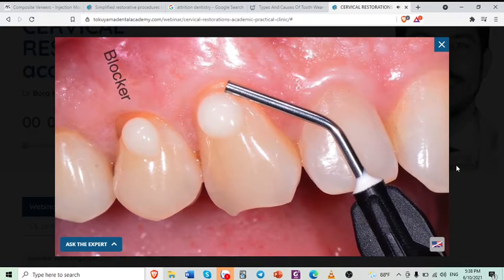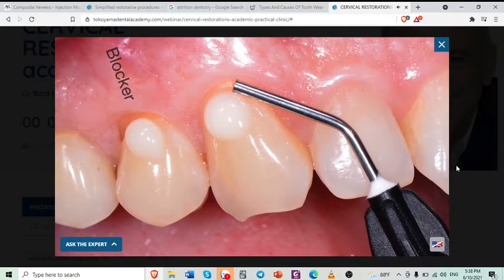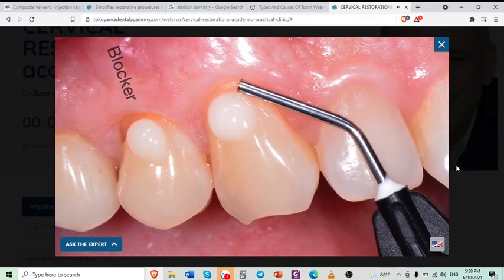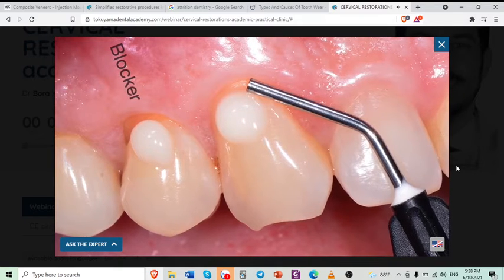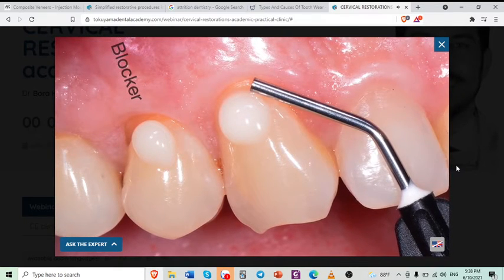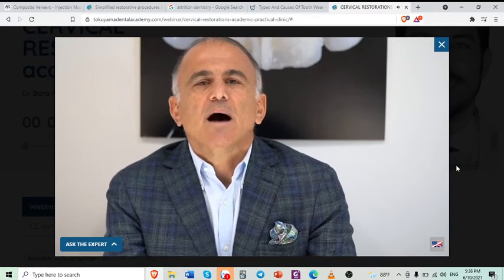Now, flowables. This new generation composite, Omnichroma. As you know, there are two types of products. One is a blocker, with which we can camouflage the underlying part, and the other one is a normal flowable composite. The filling percentage is very stable.